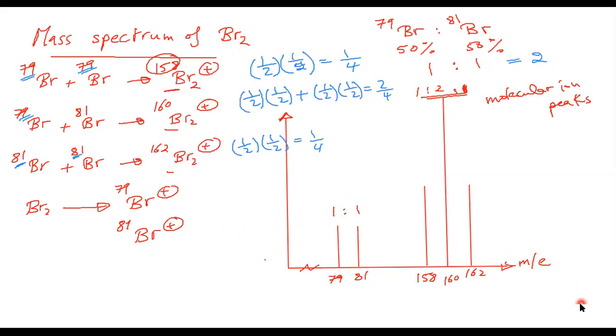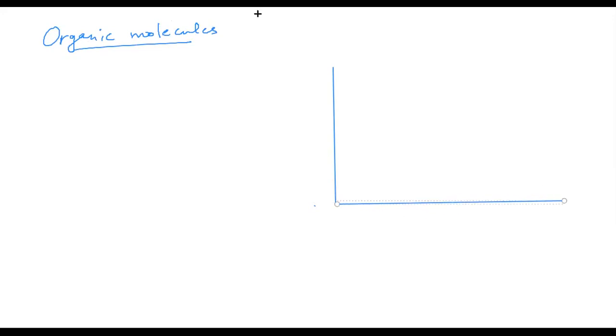Okay. Now for an organic molecule, we said that we are going to take this at the end of our course, but we should have only a small piece of information about what happens. In organic molecules, the mass spectrum, as we said, is what we get when we draw the mass over charge against the percentage abundance.